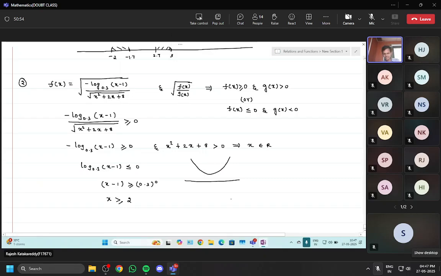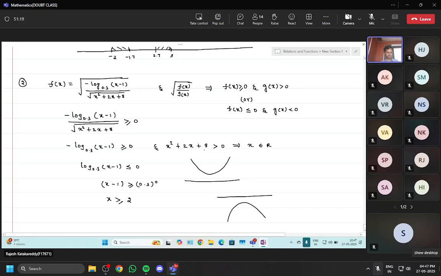In this case, no part of the parabola is lying above the x-axis. If it is not lying above the x-axis, that part is not positive. There is no portion in the parabola where it is positive. If it is not there, this inequality is not valid. You should write x belongs to phi.